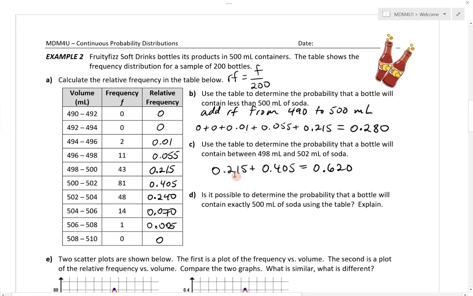Part D, is it possible to determine the probability that a bottle will contain exactly 500 milliliters of soda using the table? The answer is no. There's a 0 probability of that happening because the probability distribution requires a range of values.